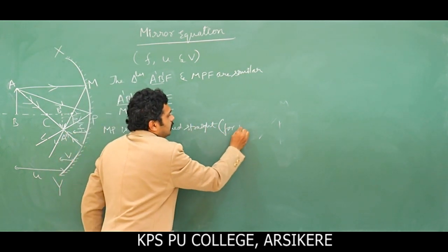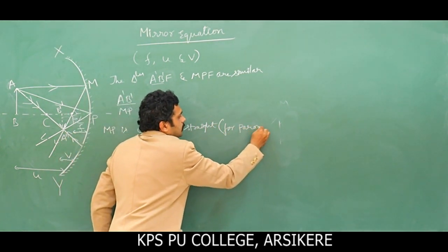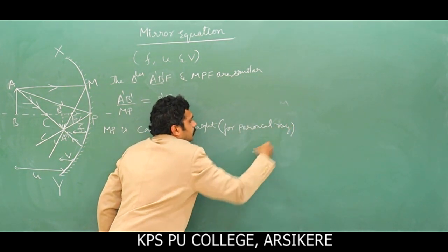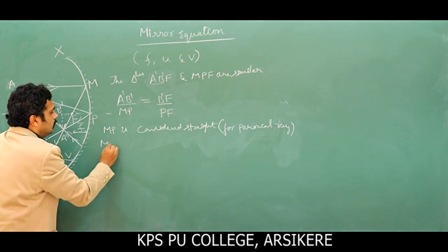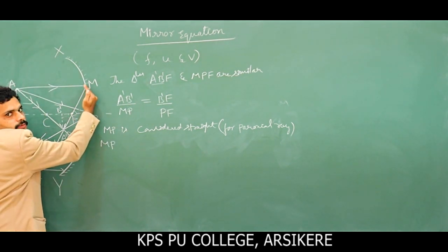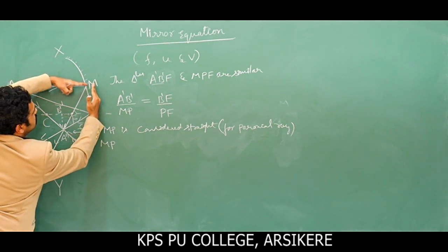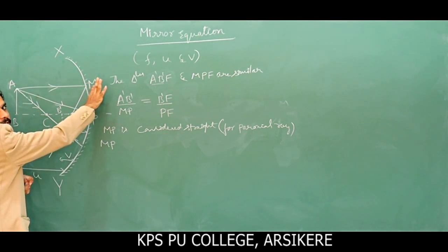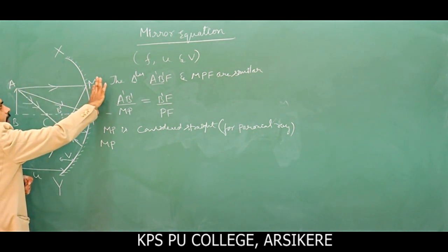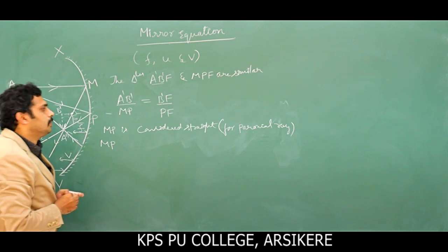For paraxial ray, this MP is curve, but for paraxial MP is straight. If MP is straight, this height is equal to this height, then I am going to write MP is equal to AB.